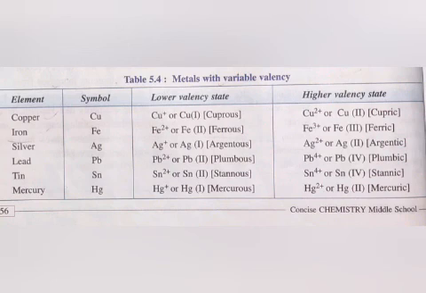The valencies are written in Roman numerals in brackets beside the name of the element. Suppose copper(I) for cuprous and copper(II) for cupric. Second example, ferrous is written as iron(II) and ferric is written as iron(III).